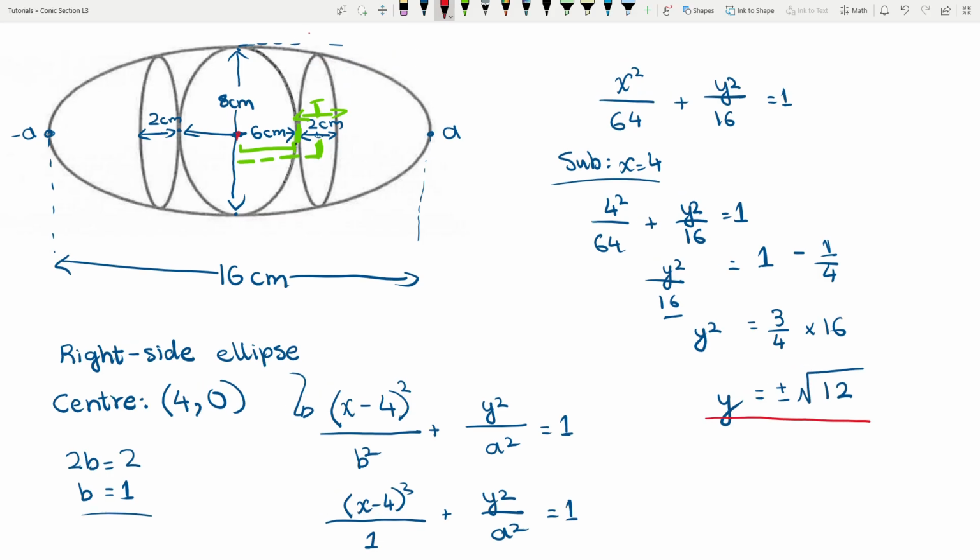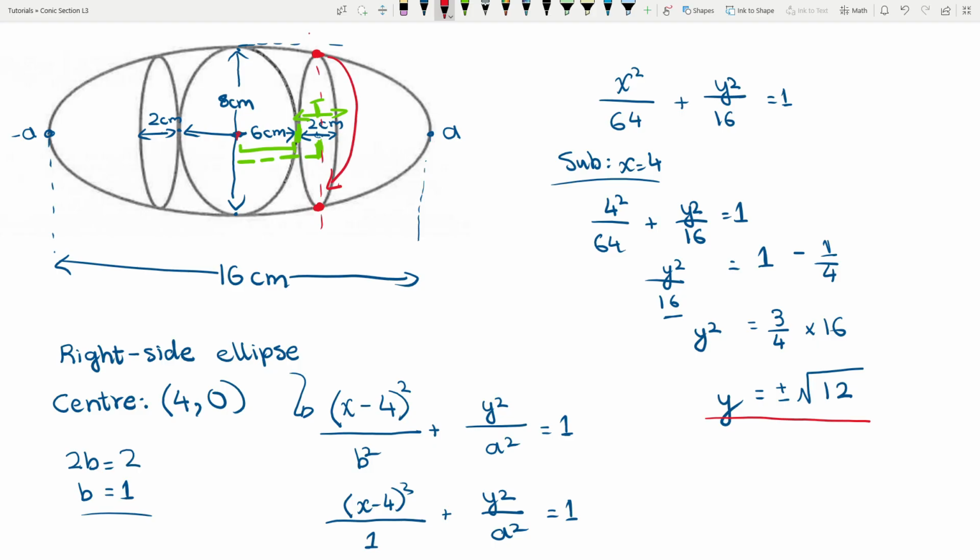What this plus minus square root of 12 is saying is that when x is equal to 4, which is on this line, y is equal to two places, here and here.